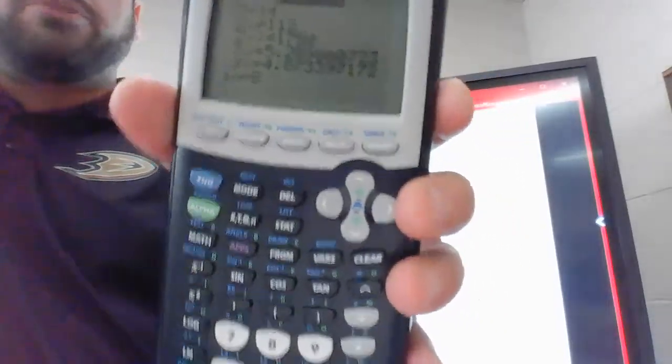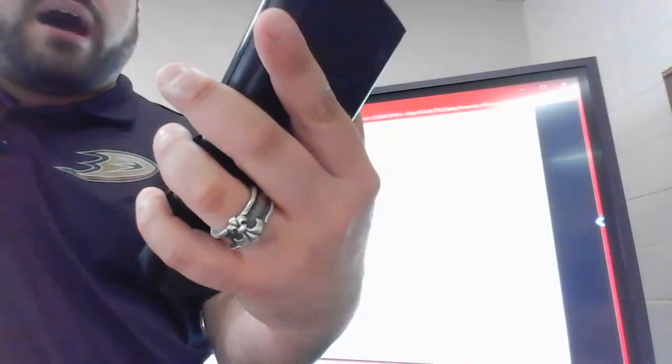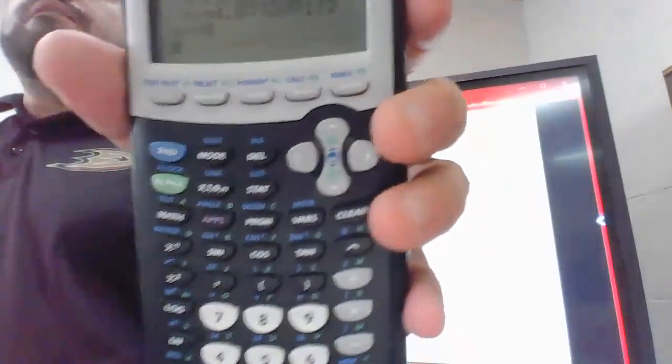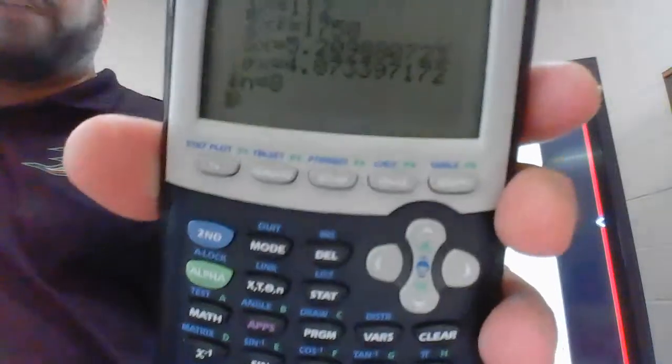Well, obviously the x-bar is your average, which we said was 14. The sigma x is the sum of all your values. Sigma x squared is the sum of all your squared values, meaning that if I squared all those values and added them up, that's what I would get. Okay. We're not really going to be using the sum of our values or the sum of our squared values in this.